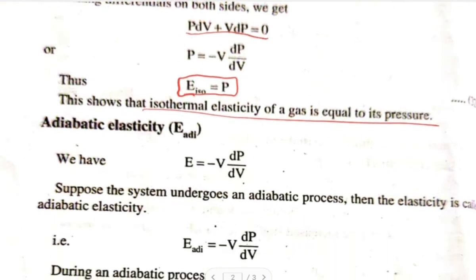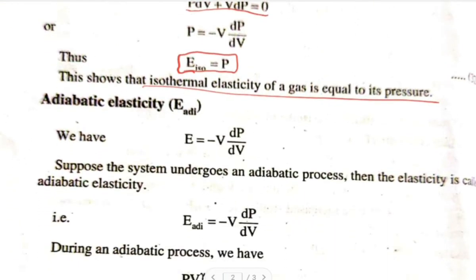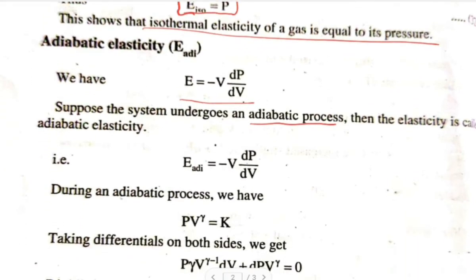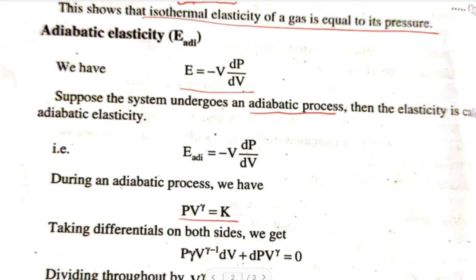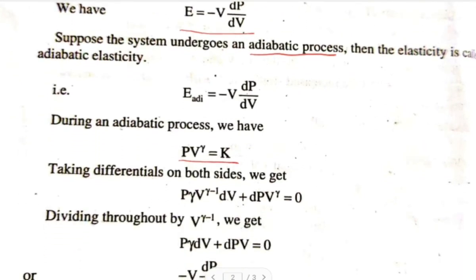Next comes the adiabatic elasticity. The definition is the same: elasticity equal to minus V into dP by dV. So here what is the process? Adiabatic process. In the adiabatic process there is a change in the equation of state. Here the equation of state is PV raised to gamma equal to constant. We can take the differentials on both sides. So we get P gamma V raised to gamma minus 1 dV plus V raised to gamma, taken as constant, into the derivative of P, dP, equal to 0.